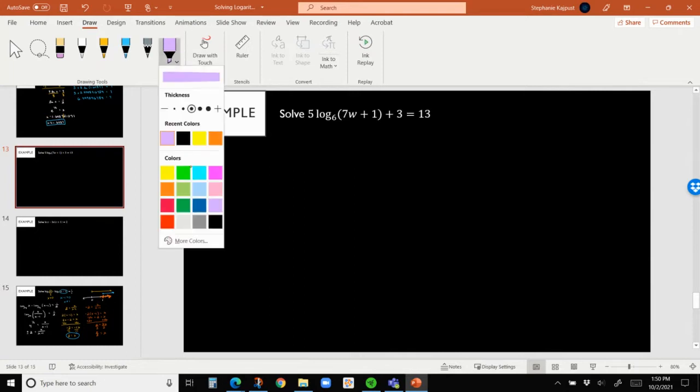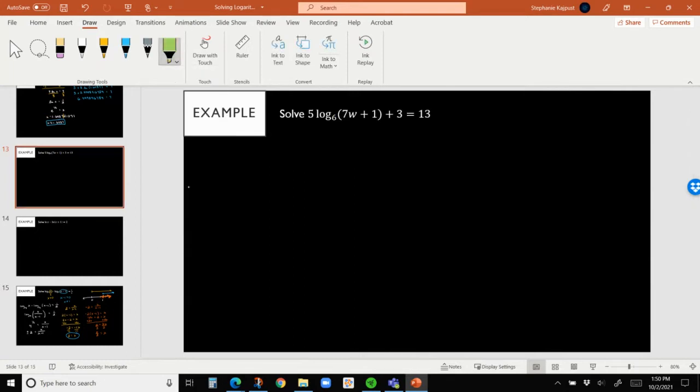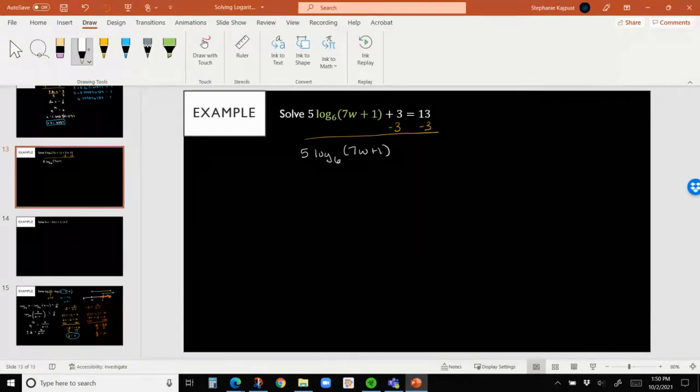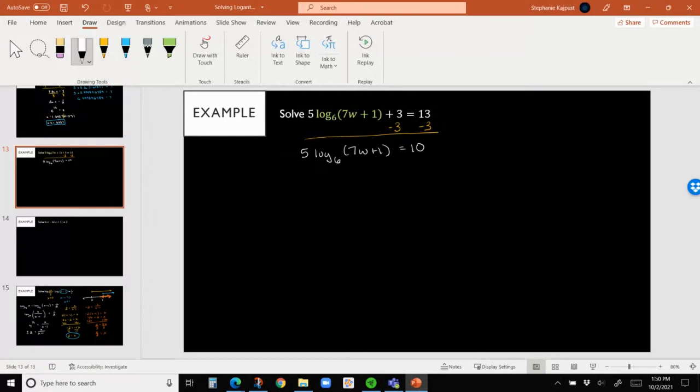So we need to get the log part all by itself here. This whole thing in green, we need to get by itself. So we're going to first subtract 3. So that gives us 5 times log base 6 of 7w plus 1 equals 10.